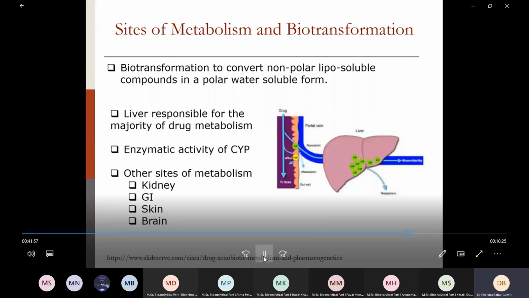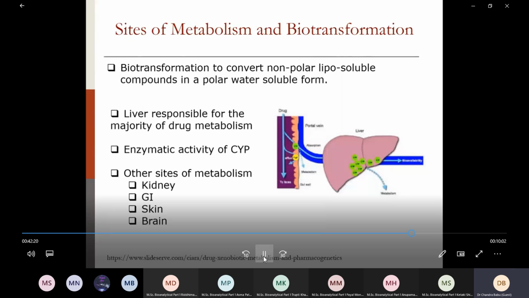You can imagine them as a big family, a lot of cousins, and some of them will be in charge of certain substances, and some others will metabolize other compounds. But besides the liver, we could see activity of those enzymes in the kidney, GI, skin, and brain.